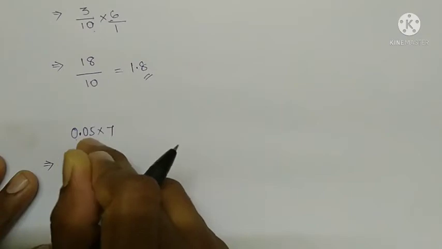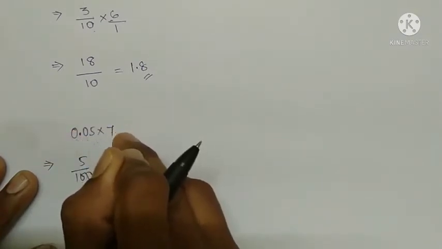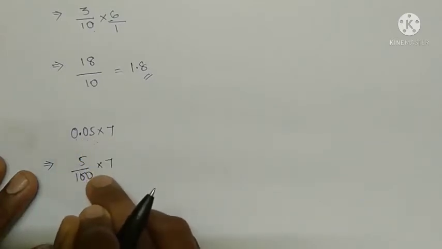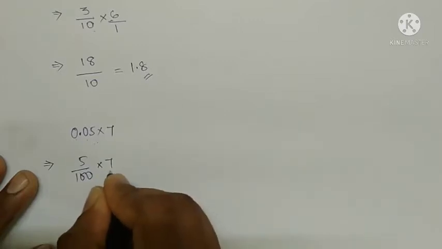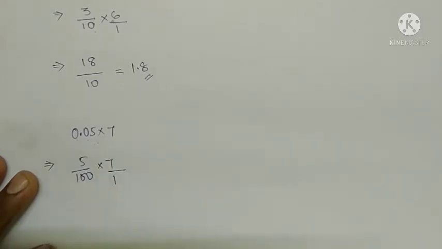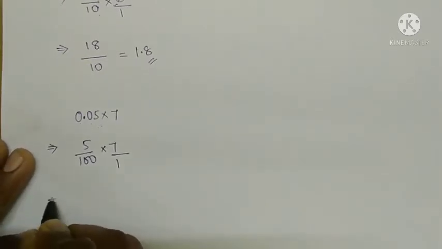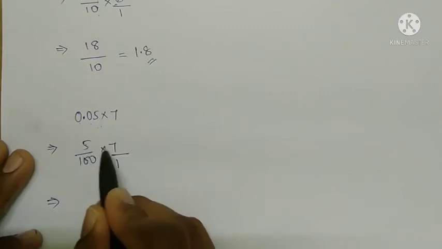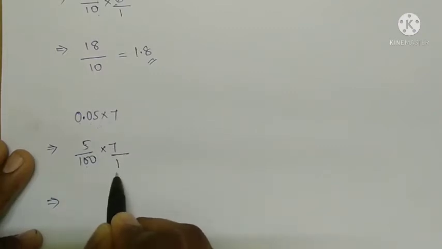This is the multiplication of decimal number by a whole number, right? So 0.05 means 5 by 100 into 7. 7 means 7 by 1, right? So in this multiplication of fractions, we have to multiply numerators with numerator and denominators with denominator.